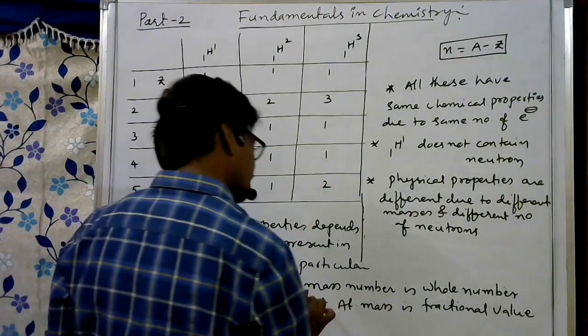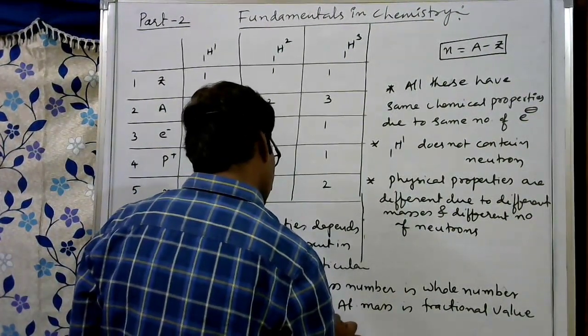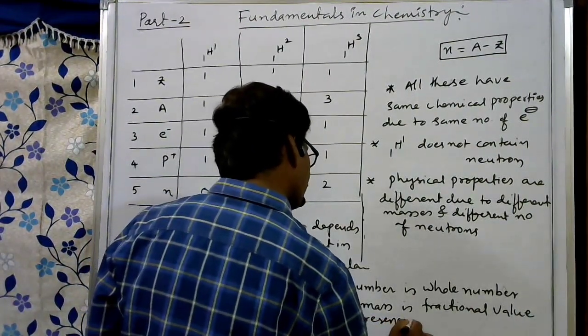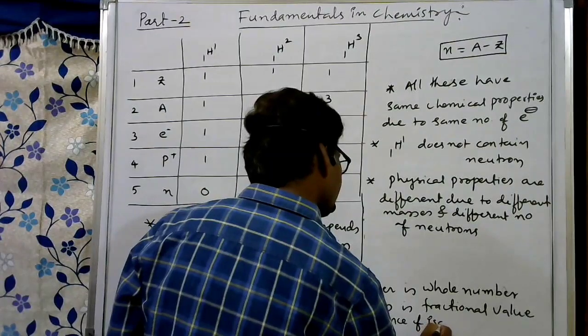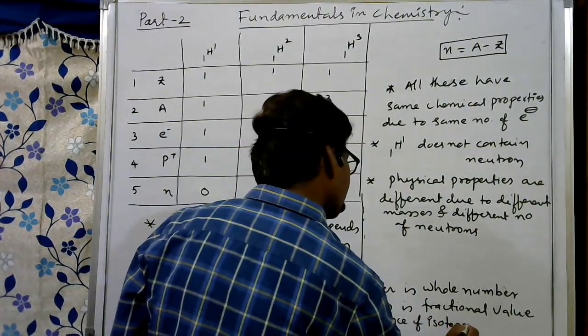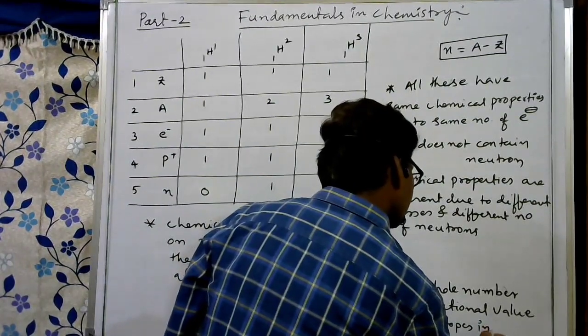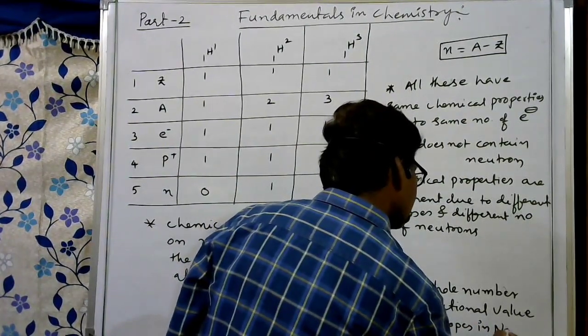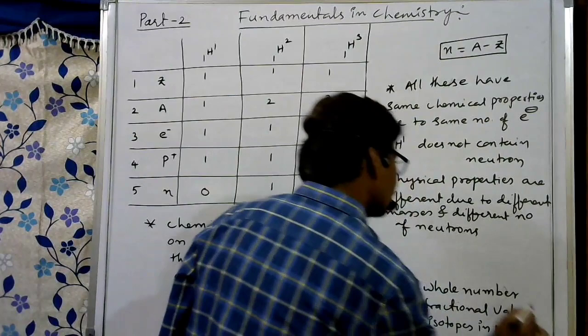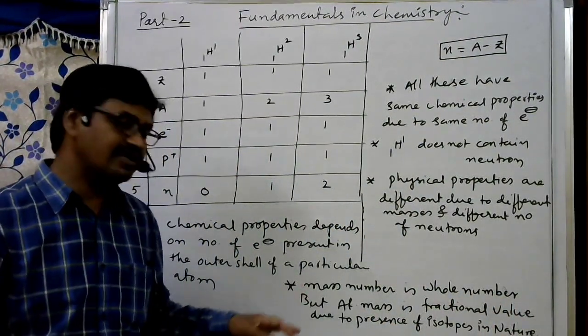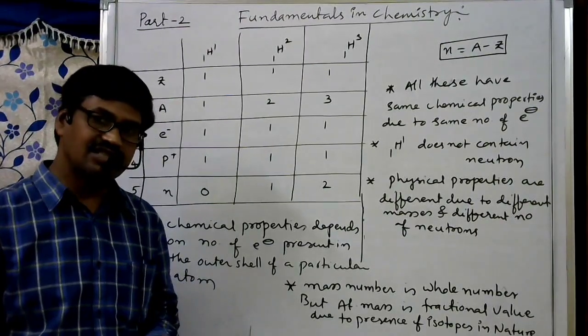Why is it so? It is due to the presence of isotopes in nature, because different isotopes have different mass numbers. This you have to remember. Mass number is generally a whole number, but atomic weight or atomic mass is a fractional value.